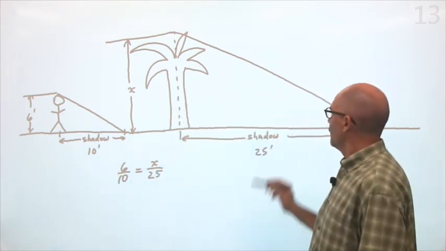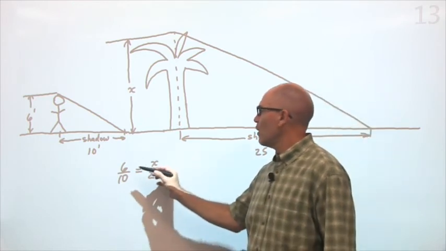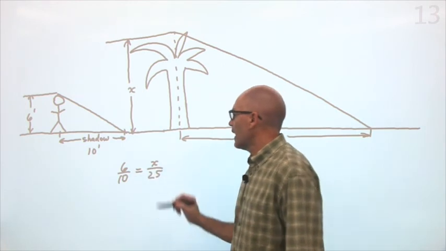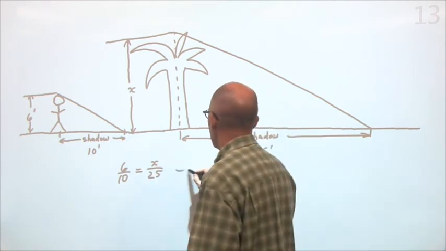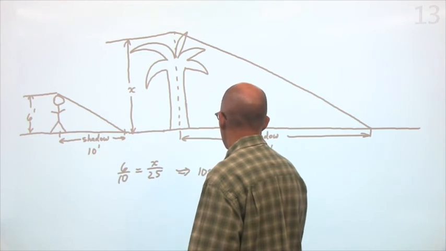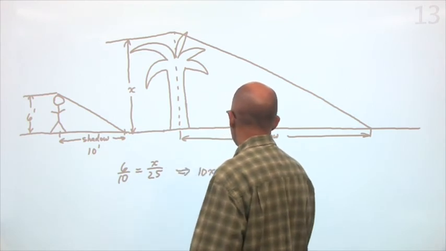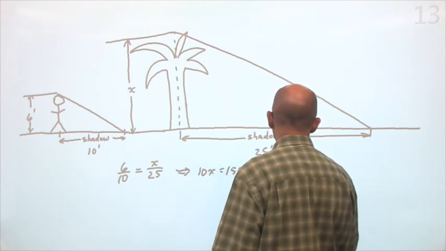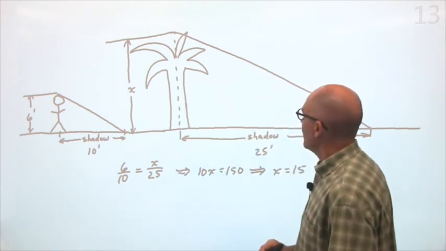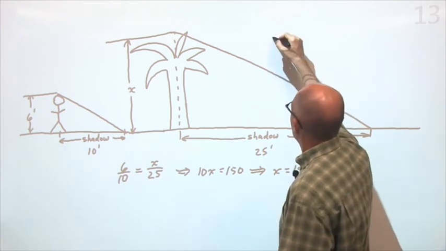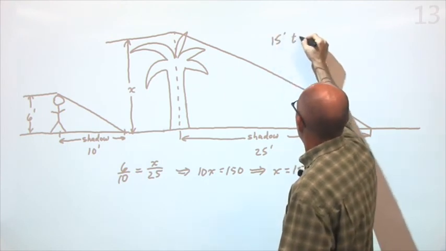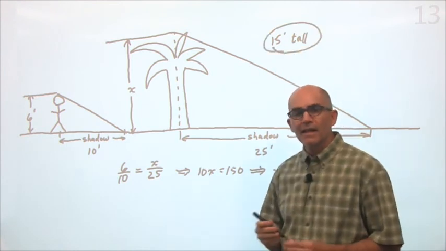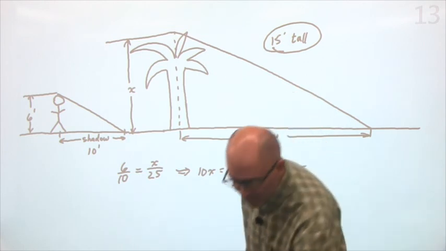So this is our proportion. Now, all we have to do is solve for x. So all we do is cross multiply, and so we know that 10x equals 6 times 25, which is 150, and that means x equals 15. So that says the tree is 15 feet tall. That's it. Game over. Have fun with these.